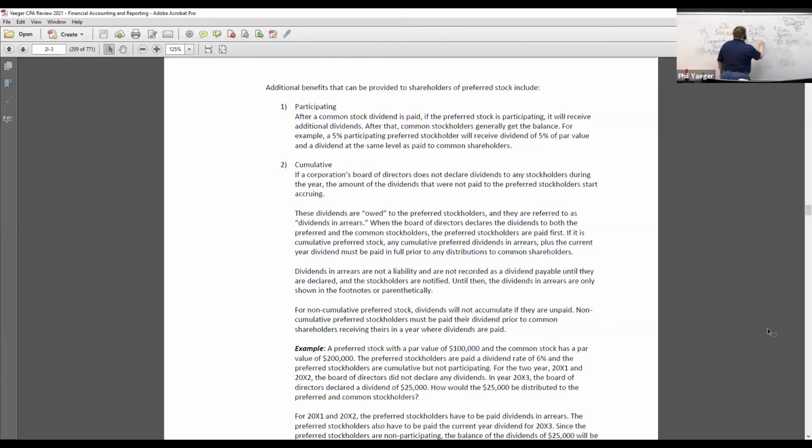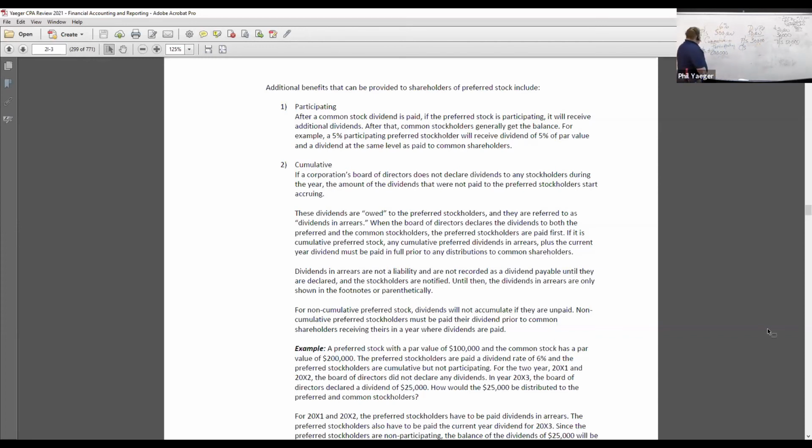Now, the common stockholders have a par value of 200,000. So what's going to happen? You're going to pay them 6% of their par value. That's what they get. You wrote down 300, it should be 30,000. You're right.